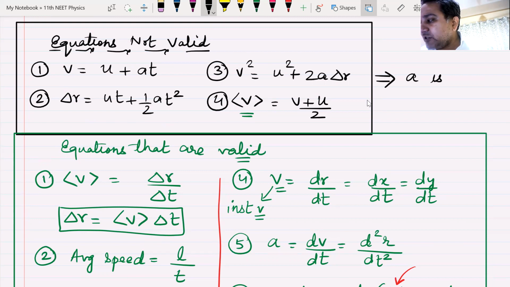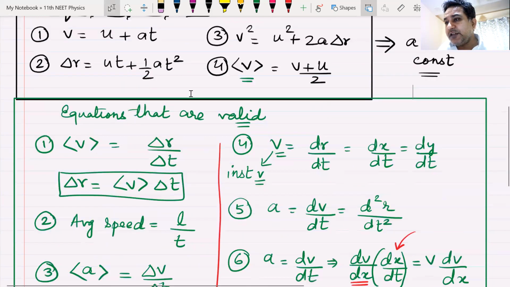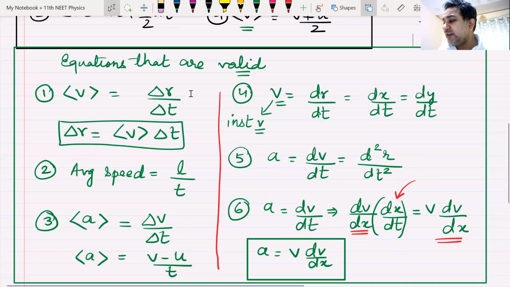When acceleration is constant. These equations are only valid when acceleration is constant. Yes, Niharika. What about the equations in green? When are these equations valid?